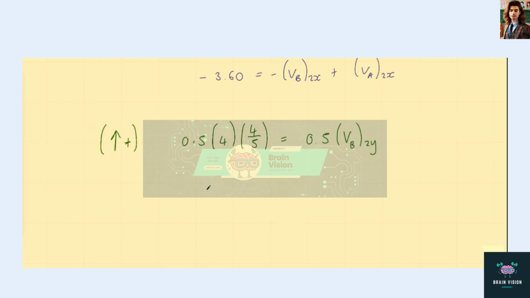So if we rearrange this equation, we can see that after the collision, disk B moves in the y direction with velocity 3.2 meters per second. So that's upward.